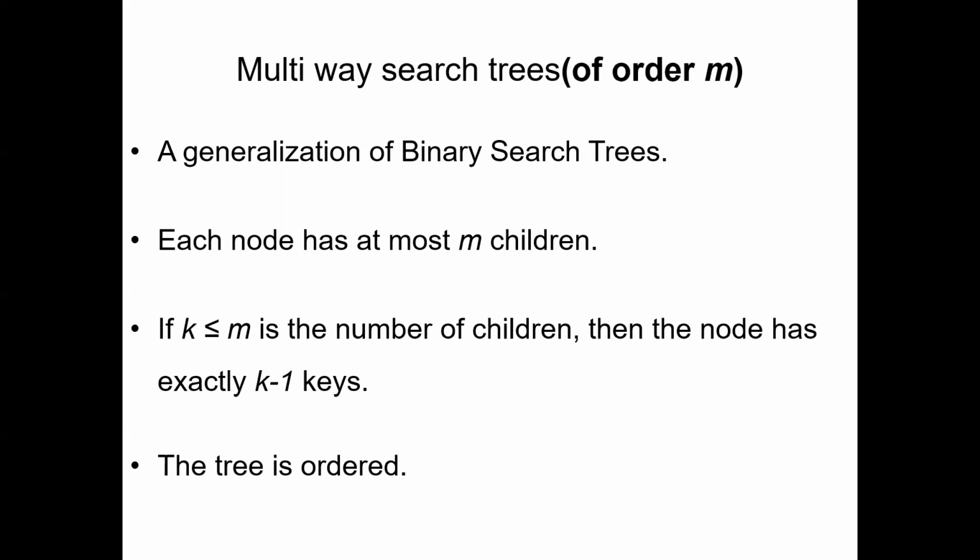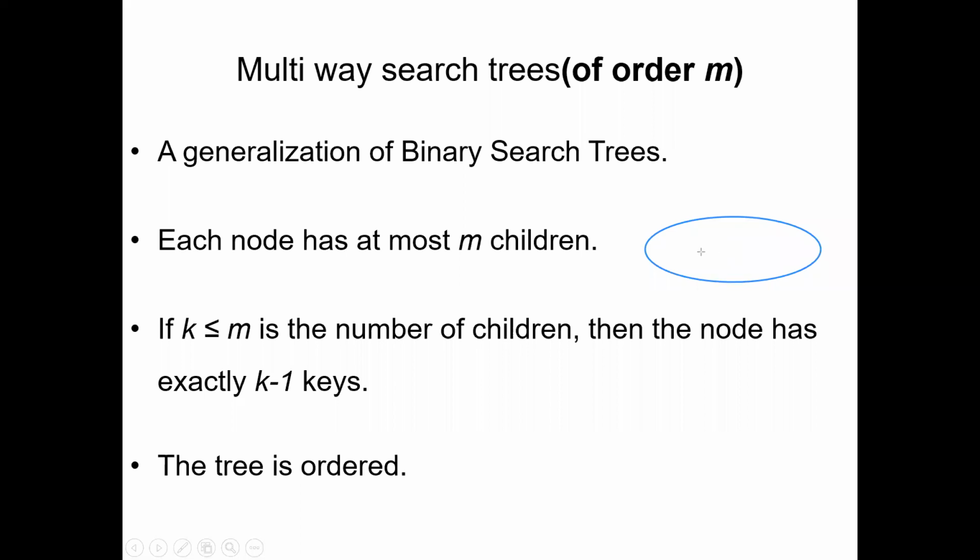So if we have k keys in a node, then we can have k plus 1 children of that particular node. And importantly, like binary search trees, this tree is also ordered. So data is sorted in B trees as well as in binary search trees.